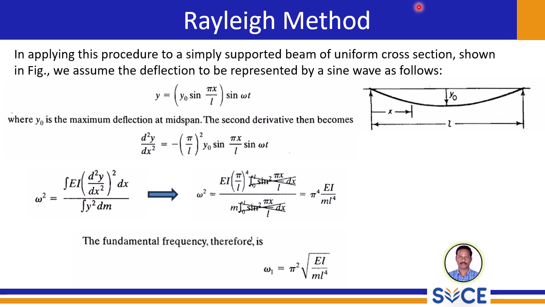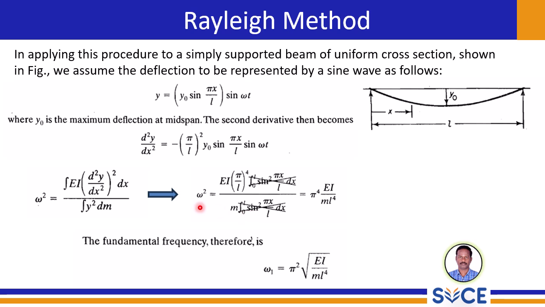Recall that for a beam, the maximum potential energy is U max and the maximum kinetic energy is T max. To obtain omega square, we have to use potential energy and kinetic energy. So we substitute these values here and simplify further. These terms will get cancelled.